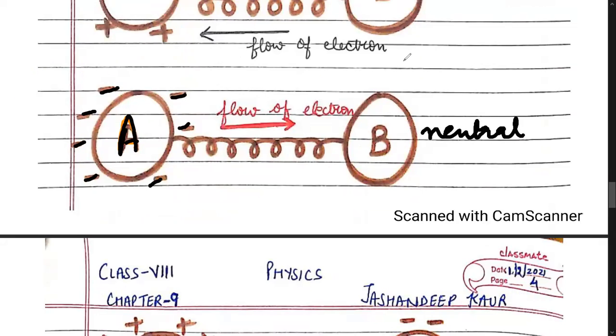When it gains some electrons. Now gains mean it is having more electrons. It has already taken more electrons, while B is having less electrons. Now the direction of flow of electrons is from high to low. So that means electrons will flow from sphere A to sphere B.